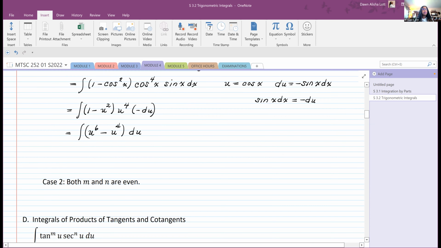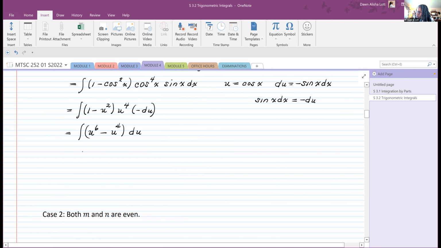Then you will integrate that, and you get 1 over 7 u to the seventh minus 1 over 5 u to the fifth plus a constant. And so your answer is, u was the cosine of x, so I get 1 over 7 cosine to the seventh of x minus 1 over 5 cosine to the fifth of x plus a constant, and I'm done.